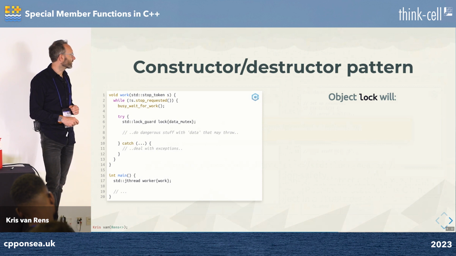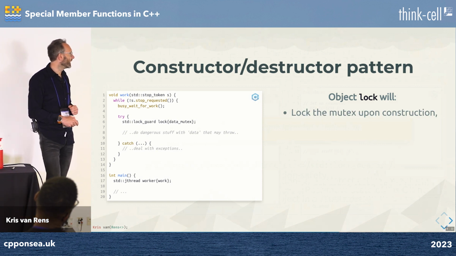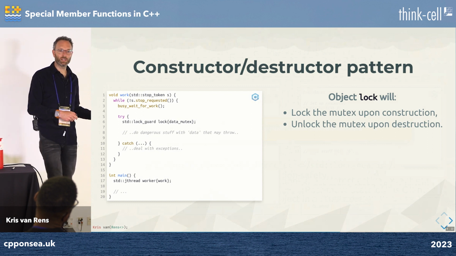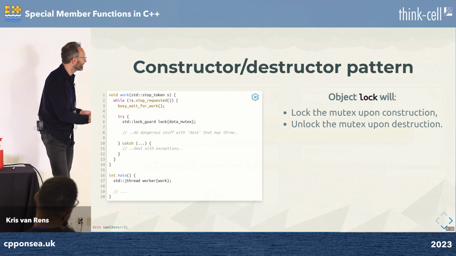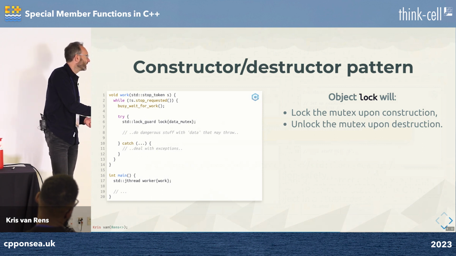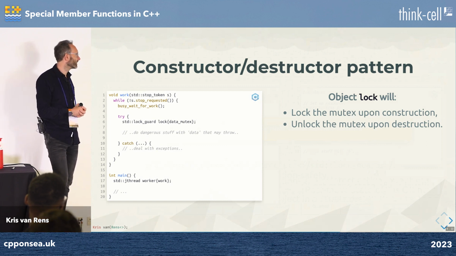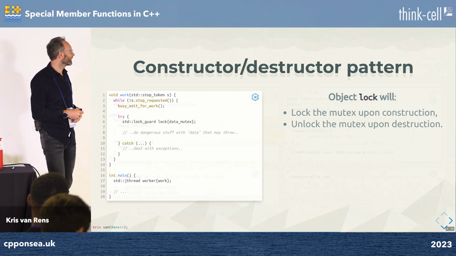For instance, the lock guard will, during this part of the code, lock the mutex upon construction, and then unlock the mutex upon destruction. But the nice thing, of course, is that we don't have to put any additional code here. We simply use the fact that lock is an automatic variable, and it'll go out of scope here, so it's all underneath the covers, the locking and the unlocking.